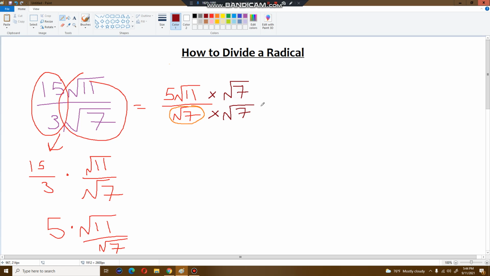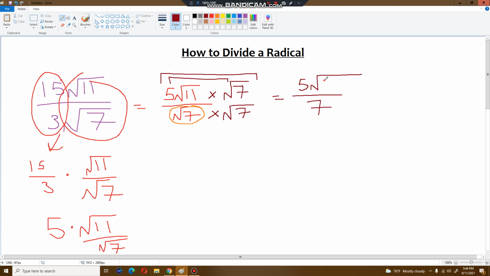Because once I do this, I know the square root of 7 multiplied by square root of 7, same numbers, take off the square root, leave the number alone, and it becomes just 7. And on the top, the numerator, I just multiply it all out. 5 times 1 just remains 5.